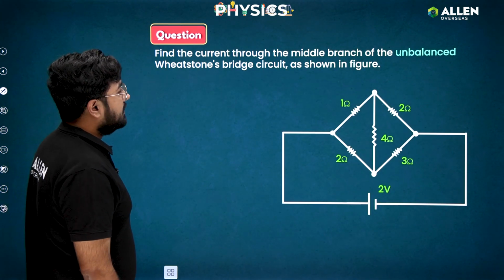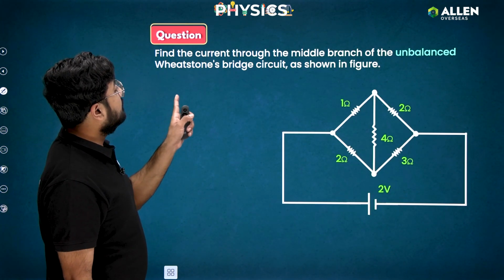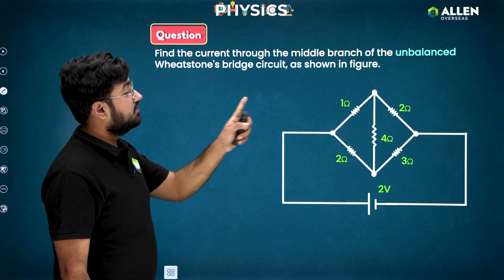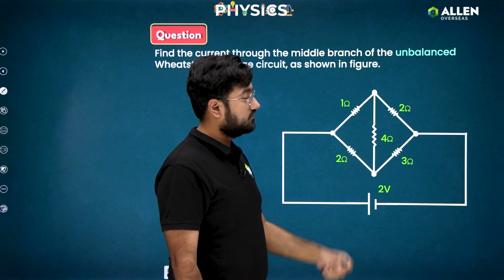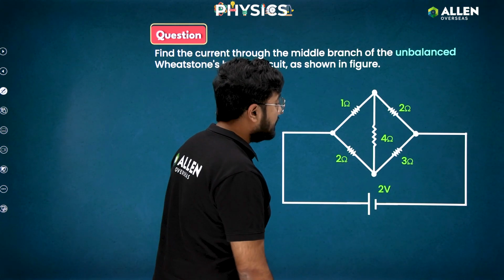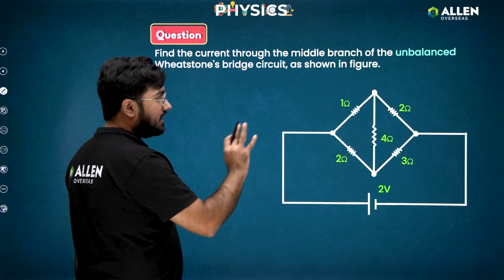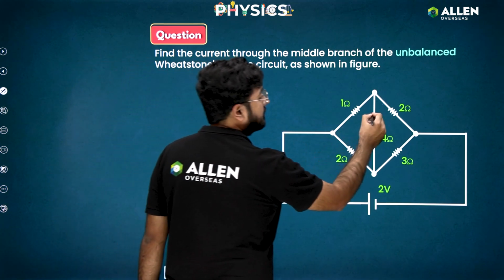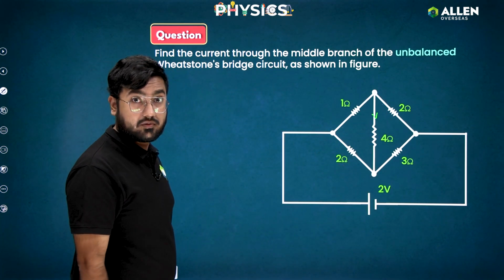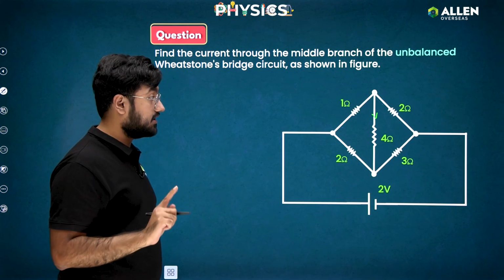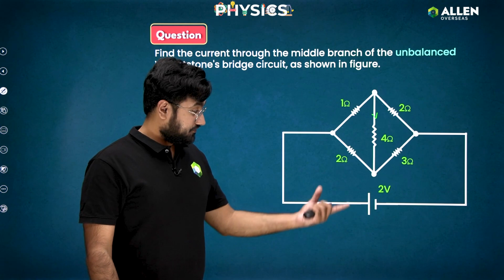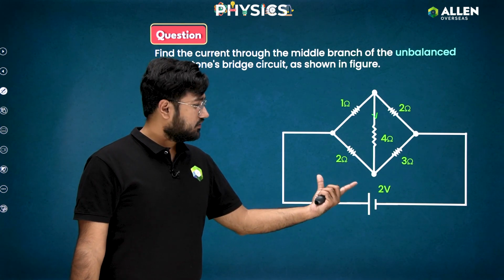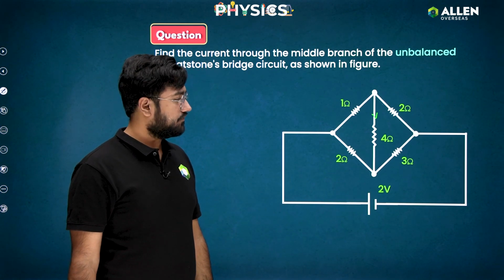Find the current through the middle branch of the unbalanced Wheatstone Bridge circuit as shown in the figure. So a Wheatstone Bridge circuit could look something like this as well. Okay. Now, here I have to calculate the current from the central branch, because the central branch is the important branch. So we have a 2 volt battery.